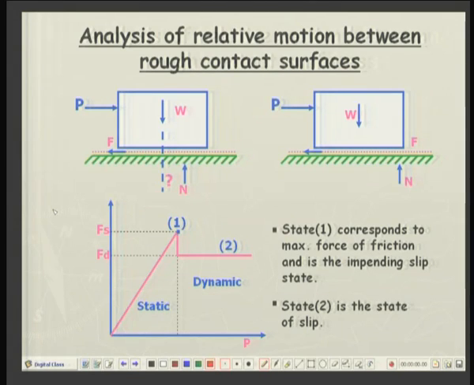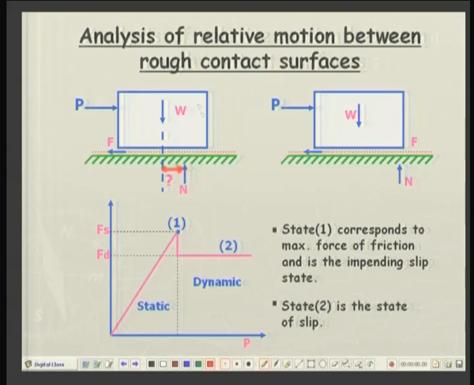So, a normal reaction N exactly equal to W will be produced, but the line of action of this normal reaction N will be such that the distance between the line of action of W and that of N exactly balances the couple due to P and F. The couple due to P and F is a clockwise couple.